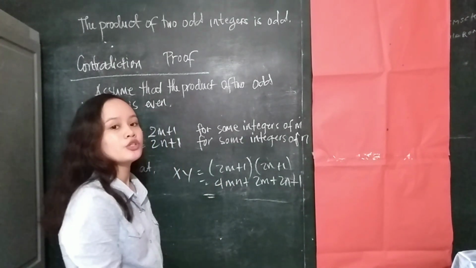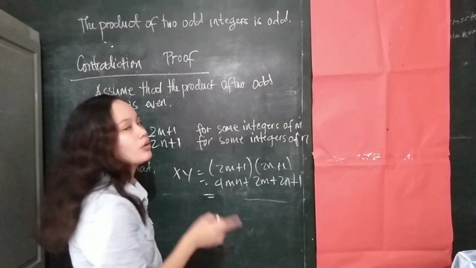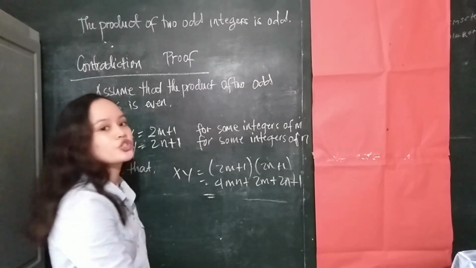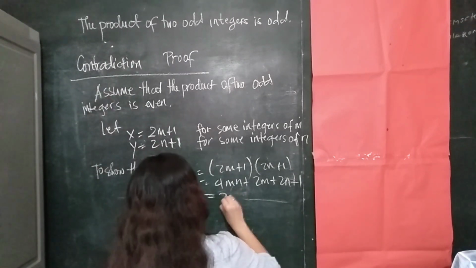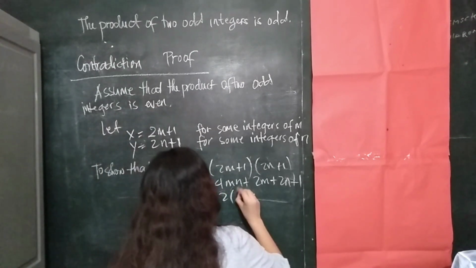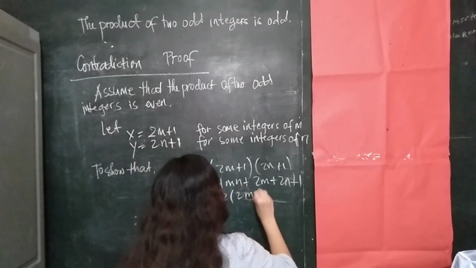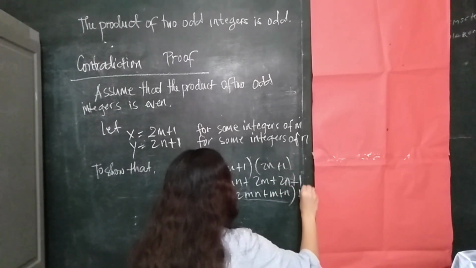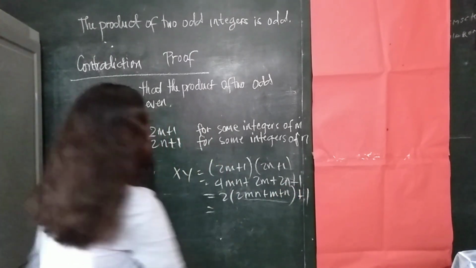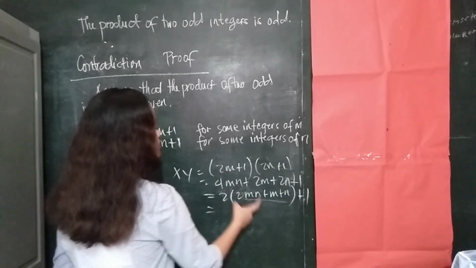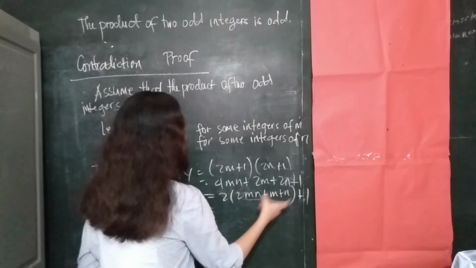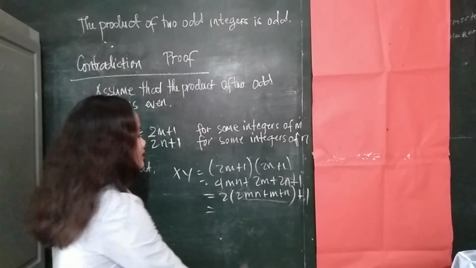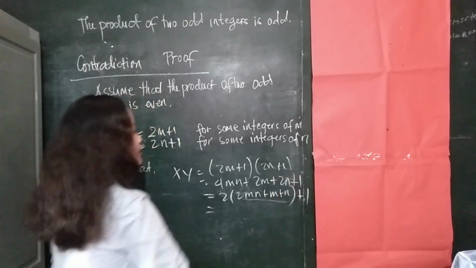Next, we are going to get the common factor, which is 2. So 2 times will become 2mn plus m plus n and then plus 1. Since 2 times 2mn is equal to 4mn, and 2 times m is equal to 2m, and 2 times n is equal to 2n.